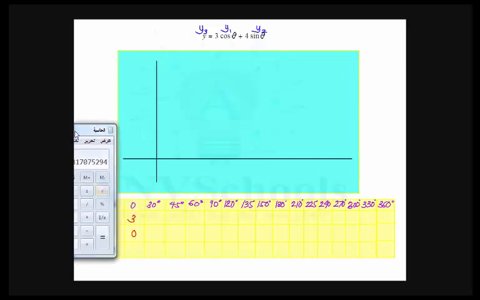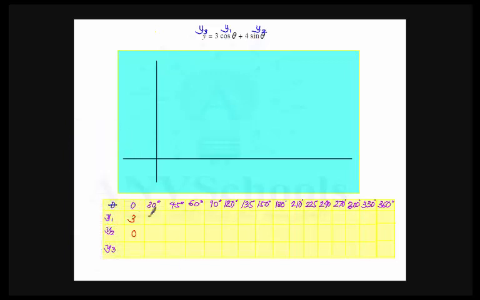Well, let's just use the exact values. 3 times square root of 3 over 2. And 4 sine 30, that would be 4 times 1/2, so it would be 2. Okay, for 45 degrees, that would be 3 times square root of 2 over 2. And we have 4 square root of 2 over 2, so that would be 2 square root of 2.